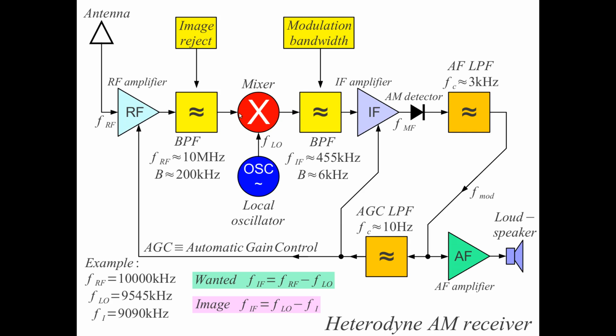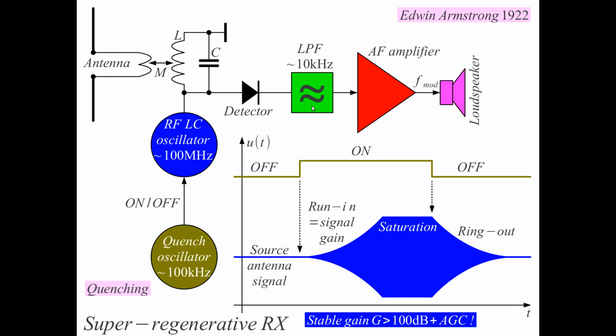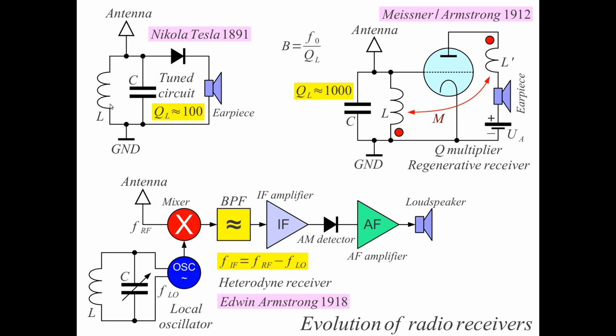What we are actually limited by is that we need more than just a single filter. In simple receivers without the heterodyne principle, single tuned circuits, or many of the same single tuned circuits, could provide all the required selectivity inside the receiver. While in the heterodyne receiver, we have additional problems.